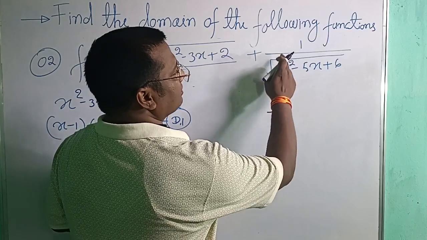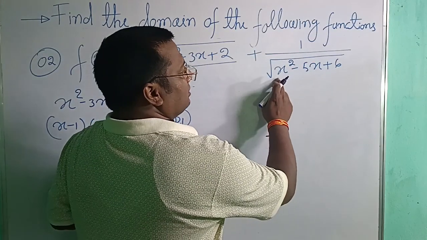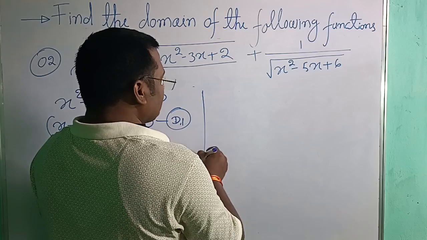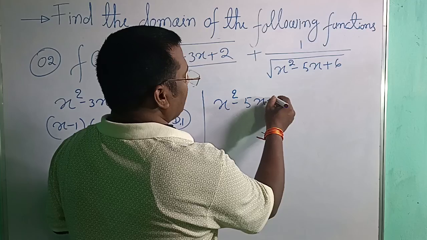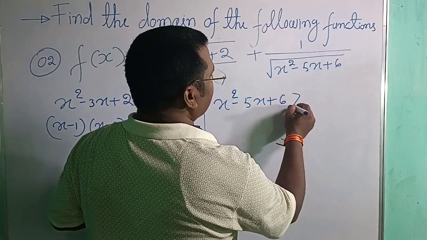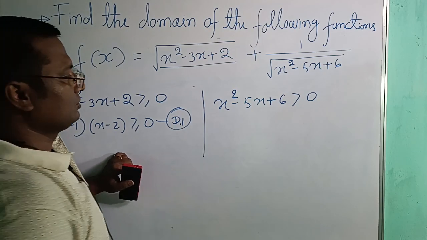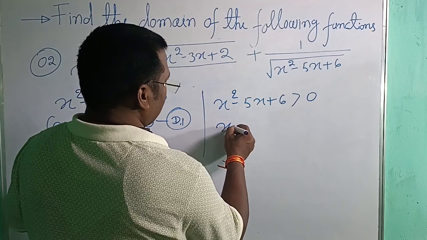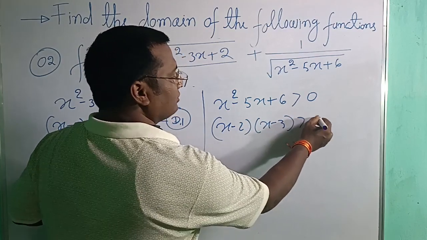Again, this is 1 upon this square root. So this also, x square minus 5x plus 6, must be greater than 0. Only greater than 0, not equal to 0. So the factors (x minus 2)(x minus 3) greater than 0.